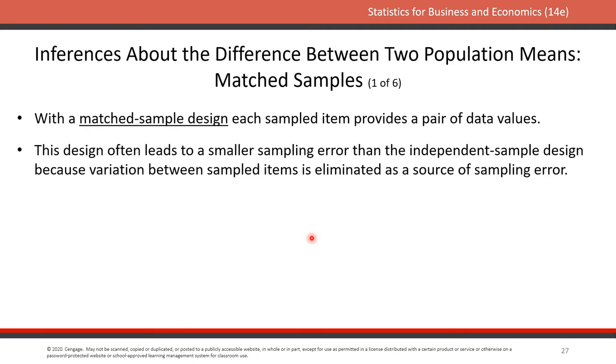Again, the vast majority of the time, this is going to happen in something like a pre-post design, where the reason I would connect is because the same person answered the pre and the post value. Now, why do we do this instead of just doing a two populations analysis when we have this matched design?